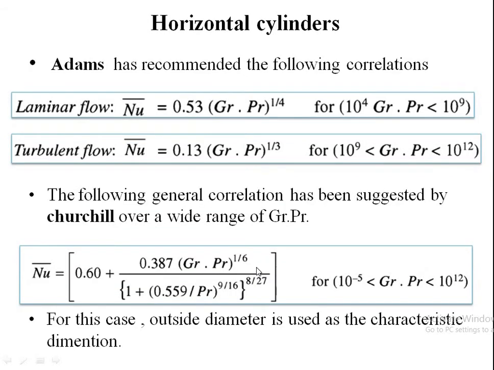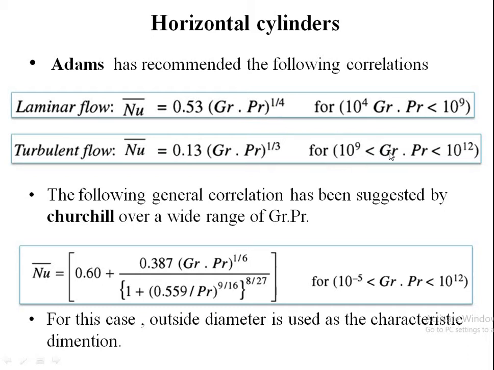Now, for the horizontal cylinders, Adams has recommended the equations for the laminar flow and the turbulent flow. Here, if the product of Grashof number and Prandtl number is between 10 raised to 4 to 10 raised to 9, then the flow should be considered as a laminar flow. In that case, the average Nusselt number is equal to 0.53 into bracket Grashof number multiplied by Prandtl number raised to 1 by 4.